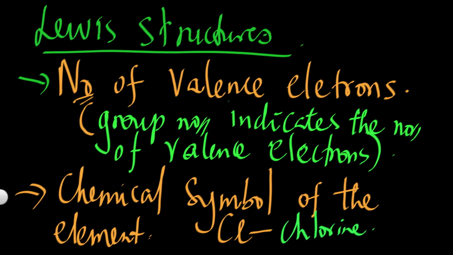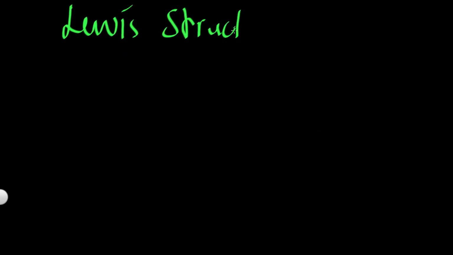Now let me go to the drawing of the Lewis structures itself. I'm going to start with Lewis structures for atoms. If I want to draw the Lewis structure of an atom, I first write the chemical symbol of that atom.